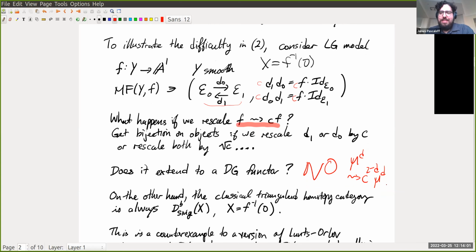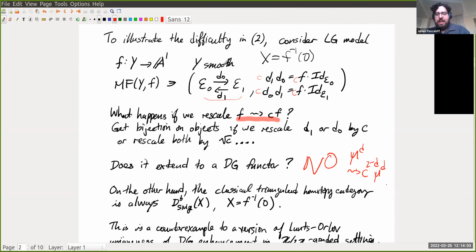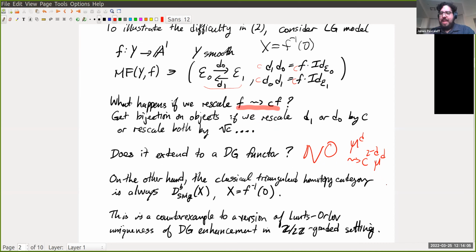Okay, so still not that different. And of course, it can't be that different because the homotopy category, as a classical triangulated category, doesn't change when you rescale the potential. The homotopy category of this MF is just D^b of Coh all the time. It doesn't actually depend on rescaling the potential.